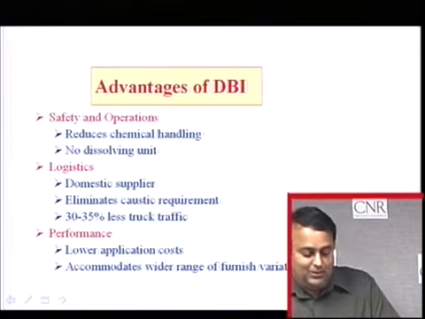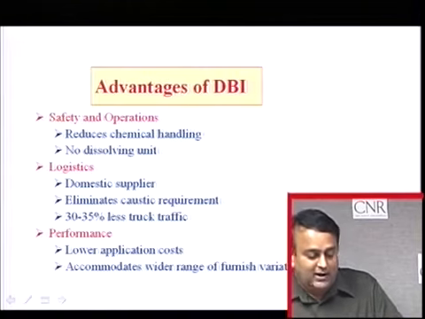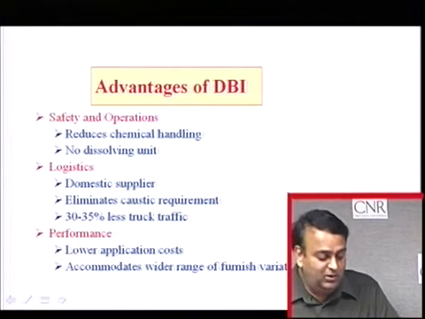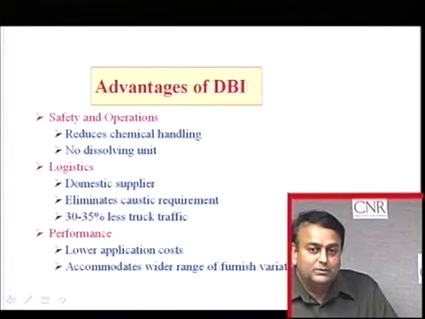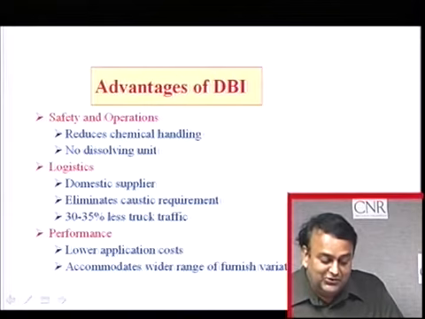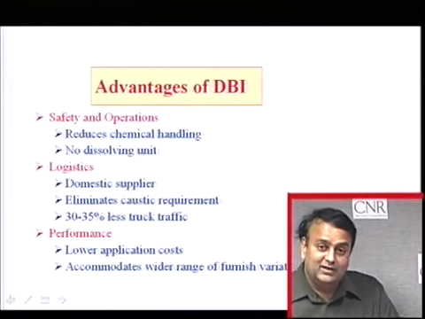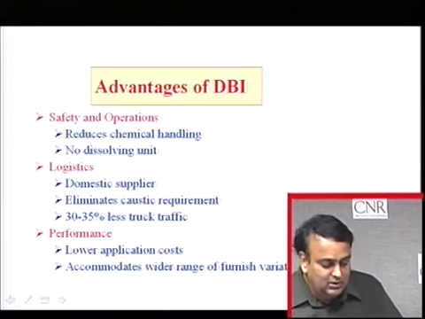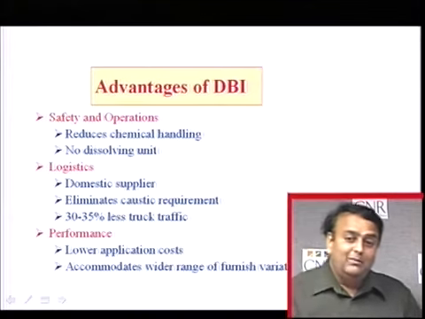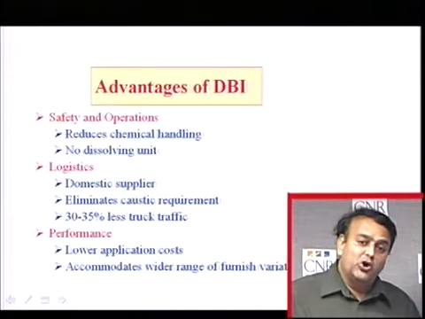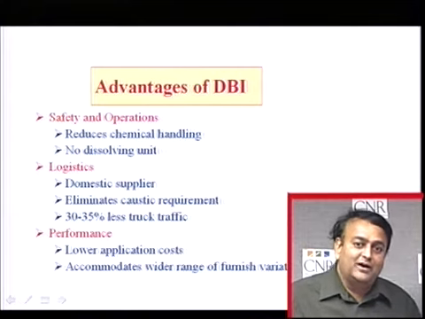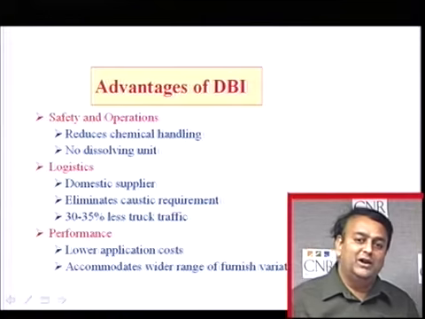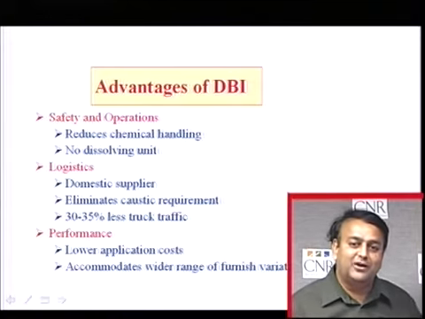And there are domestic suppliers; borohydride solutions and bisulfite solutions are available here. You don't need caustic. Borohydride comes with caustic. You don't need to add it here, unlike FAS chemicals, which need some caustic. And because both bisulfite and borohydride are available at higher concentrations, the number of trucks coming into your mill is significantly reduced: a 30 to 35% reduction in truck traffic.